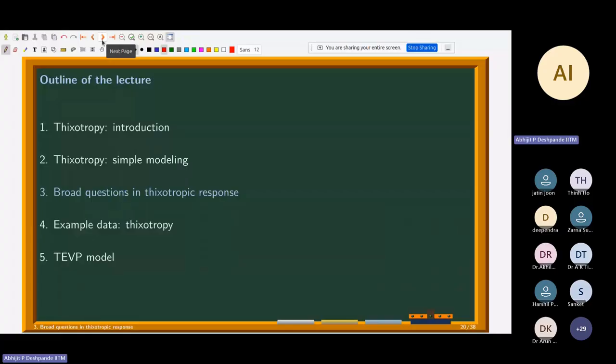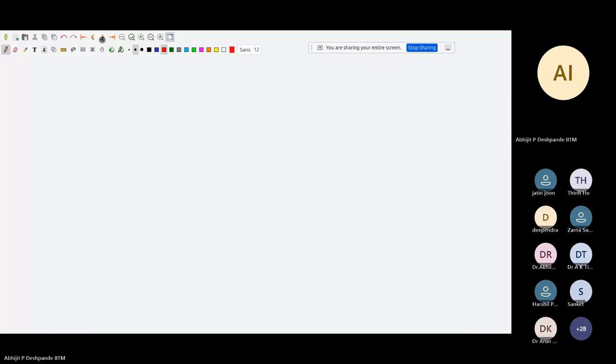So let me just skip some of the slides now, and I will come back to them later if need be. Let me spend some time now on some example data which is generated in our own group, which is looking at thixotropy of two different materials, as I mentioned, mayonnaise and fumed silica suspensions.